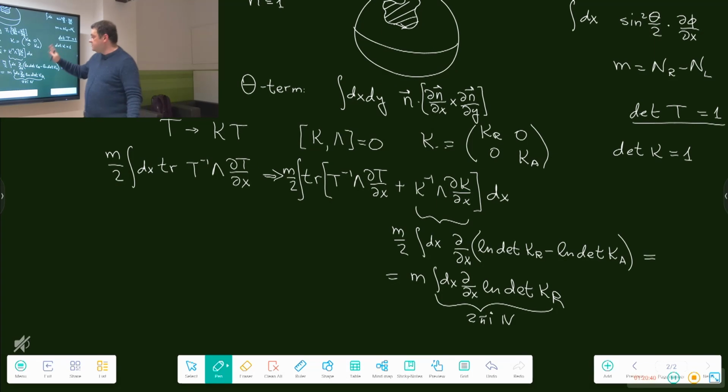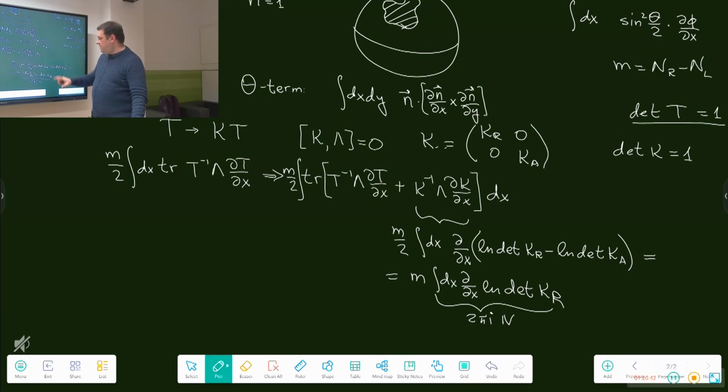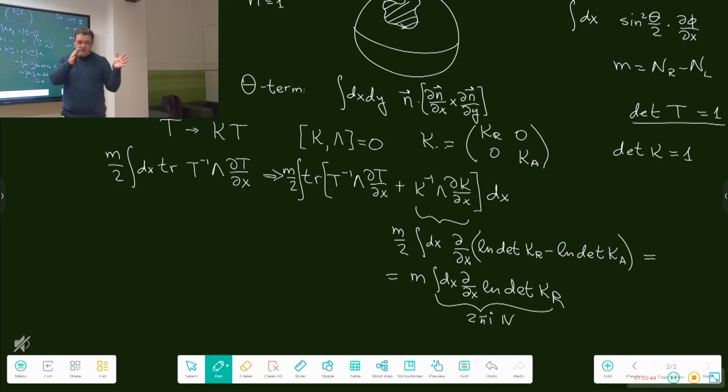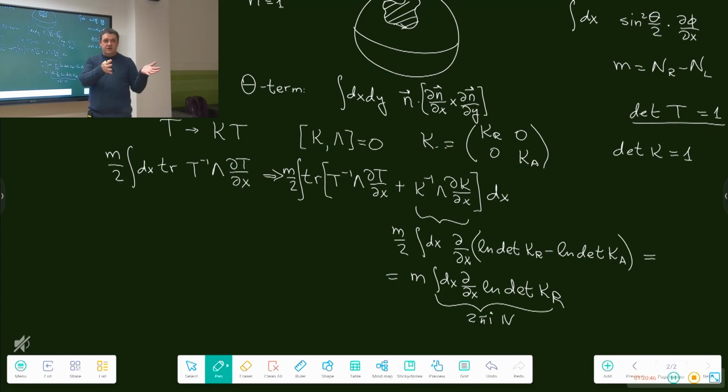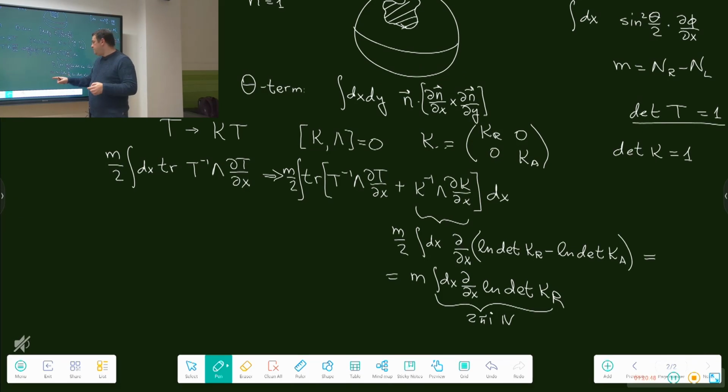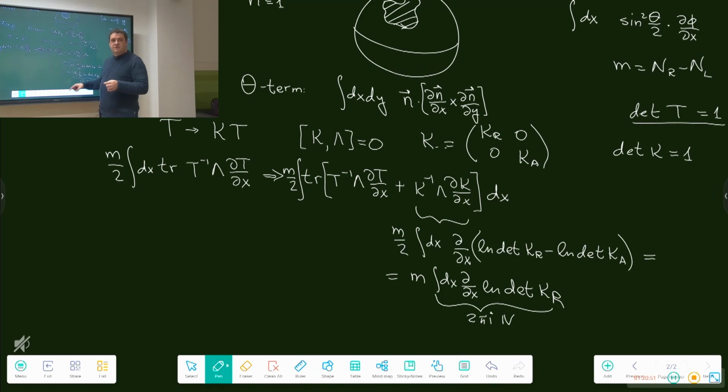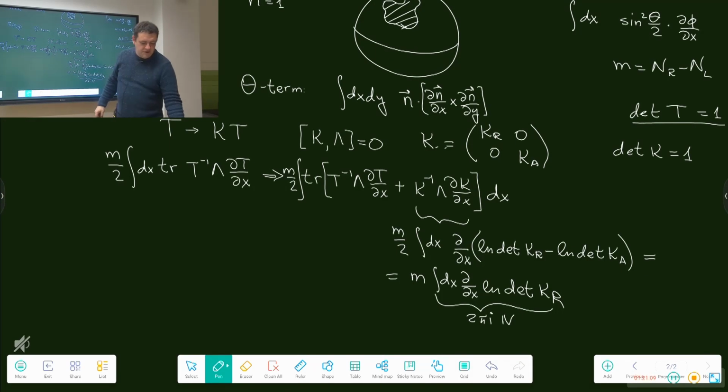But they have slightly different properties. The theta term is explicitly gauge symmetric. The WZW term is gauge symmetric only if it has an integer prefactor, which has to be proven; it's not explicitly gauge symmetric. And vice versa, the theta term takes only integer values, it counts the degree of covering. The WZW term also counts the degree of covering, but it's a fractional covering, it doesn't cover the full space, so it can take any values.